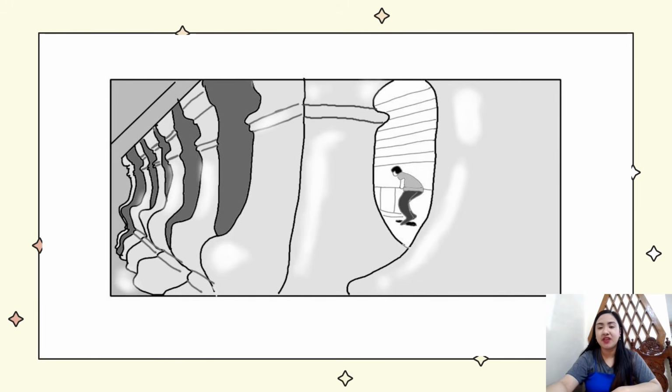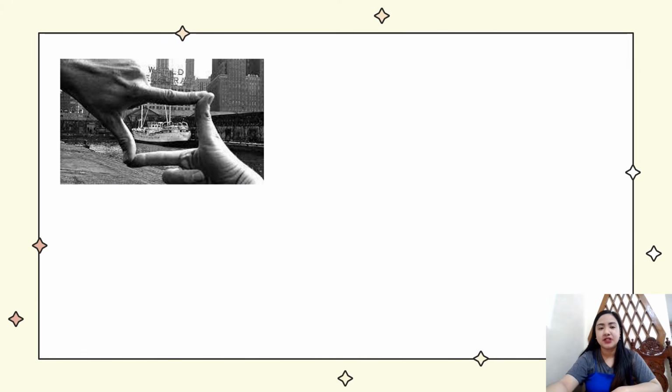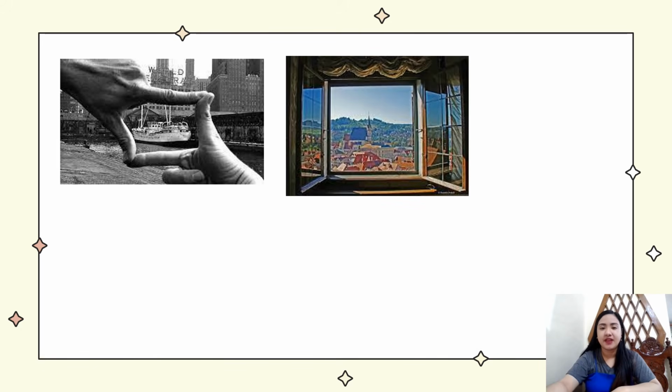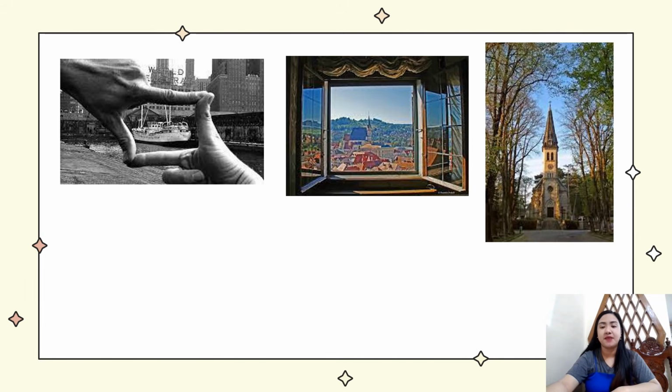Let me show you other examples of framing. So here in this photo, it is an example of a picture which uses hands or fingers as the frame. The next one is a window. It was used to capture an image, and a window was used as the frame.